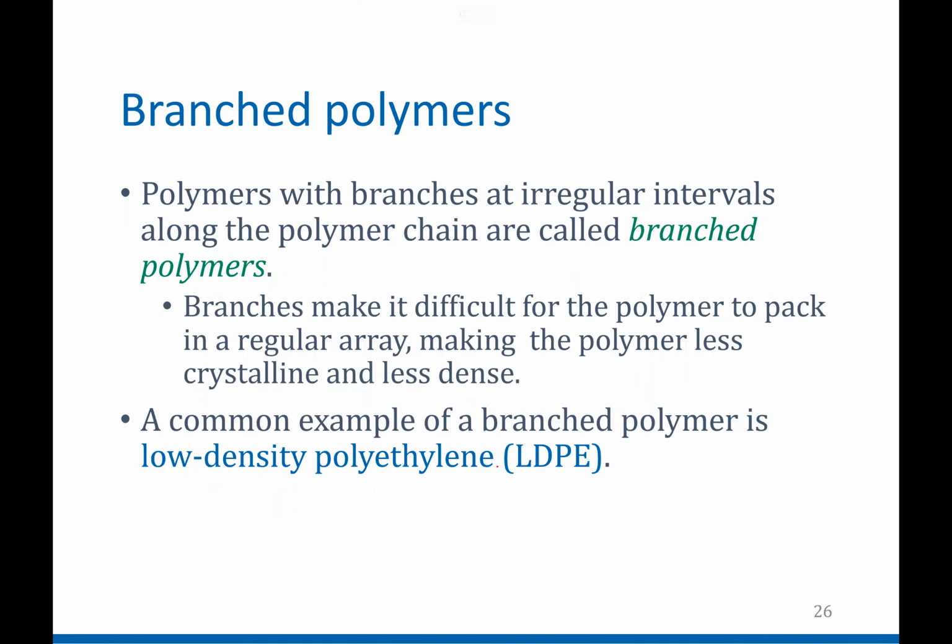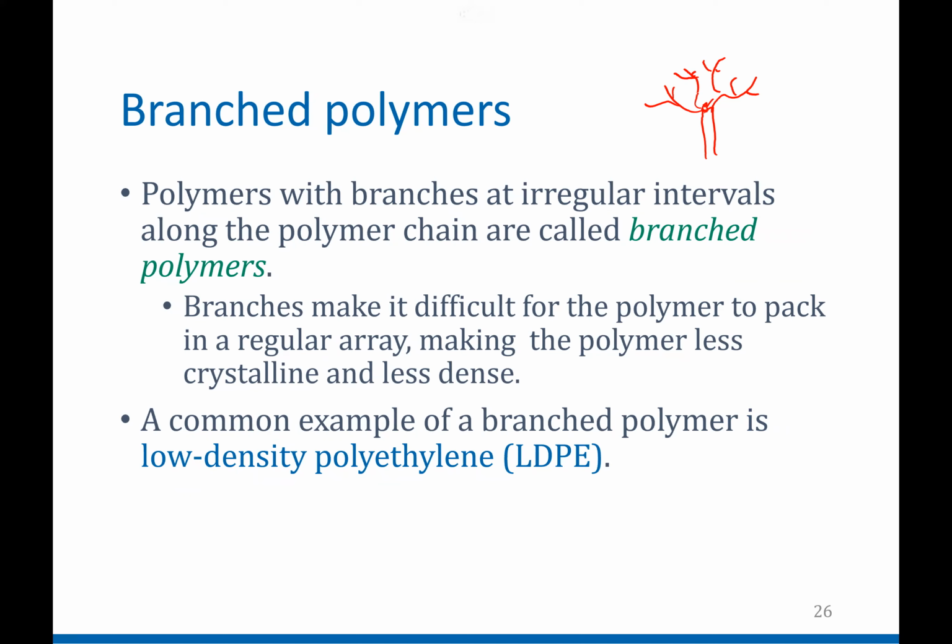All right, branch polymers. What's a branch polymer? Well, you don't see a lot of branched trees around the Middle East here, or certainly not in Doha or Qatar. But when I think of branched, I always think of a tree. A tree has many, many branches sticking out of it. And that's where the term branch polymer comes from. I would assume a branch is like a detour off a main road.